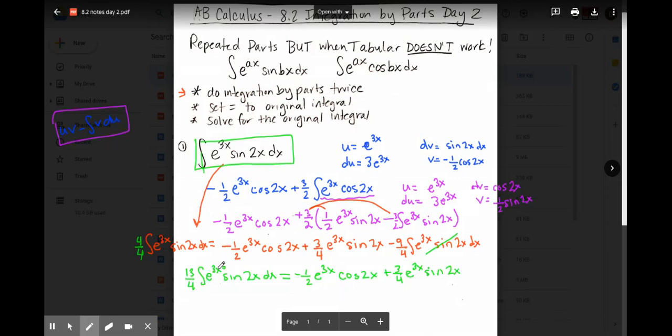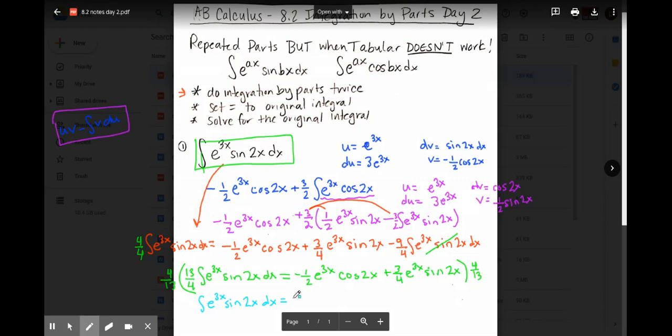All right, and then we want to get this integral by itself, so we are going to multiply everything by 4/13 to clear that fraction. So that means on the left here, we have the integral of e to the 3x sine 2x, which is what we're trying to solve for. We want to know what this integral equals. Okay, and now I'm going to distribute this 4/13 to both parts.